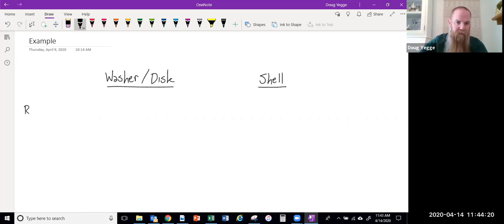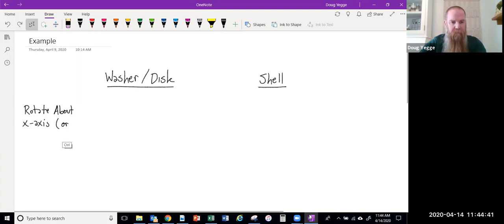So if I were to rotate about the x-axis, or really any horizontal line for that matter, then I've got to realize that I'm going to have a couple of things here.